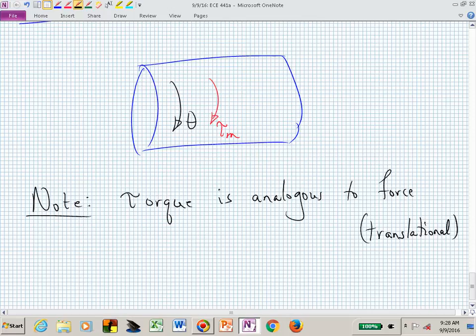Now, instead of worrying about masses going horizontally or vertically, we're worrying about rotational inertia spinning or rotating. If I have a torque and move this shaft in the direction of theta, what would happen to that rotational inertia, similar to pushing a mass horizontally?